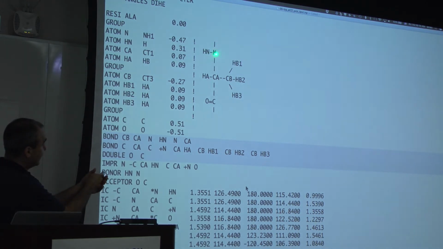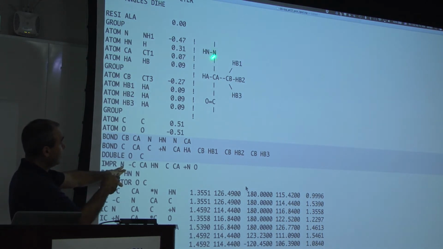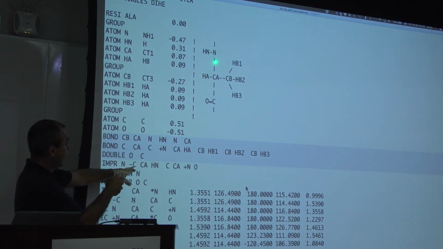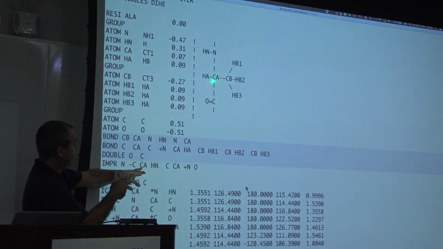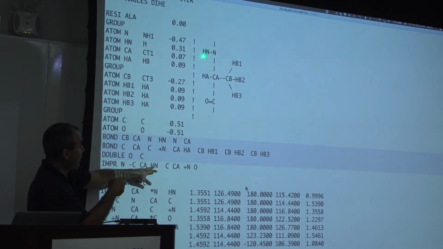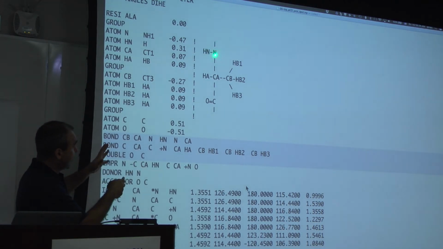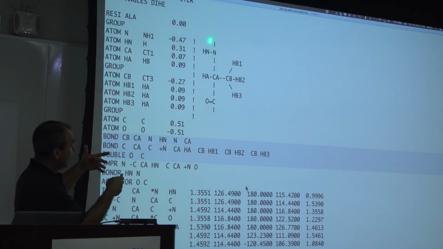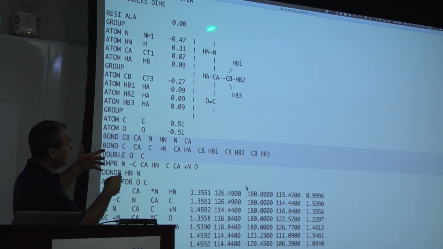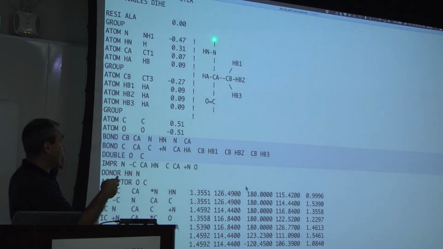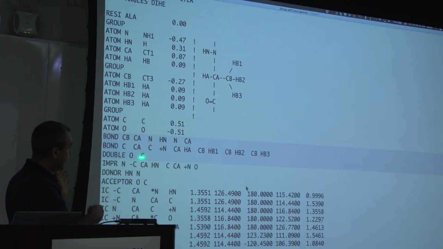So like the first one seems to be nitrogen, and then the 3 atoms connected to it are the carbon of the previous residue, C alpha of the same residue, and HN of the same residue. So this nitrogen has a partial double bond through this peptide bond, right, connected to the carbonyl next door. So the nature of the partial double bond gives it a partial sp2 kind of planar center. And that's what we introduce here.